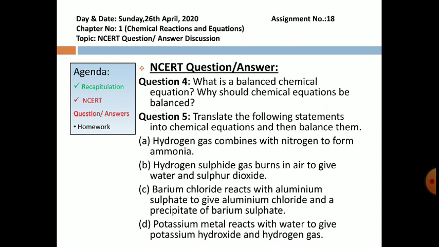The fourth equation: potassium metal reacts with water to give potassium hydroxide and hydrogen gas. Potassium is K, water is H2O, potassium hydroxide is KOH, hydrogen gas is H2. The balanced chemical equation becomes 2K plus 2H2O gives 2KOH plus H2.